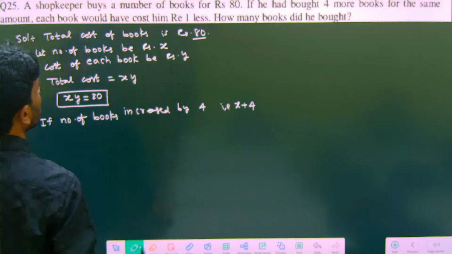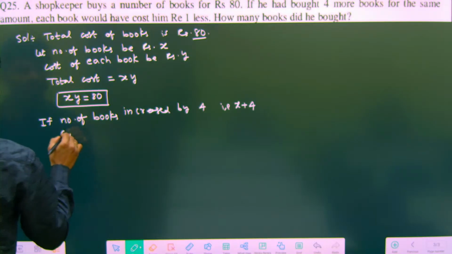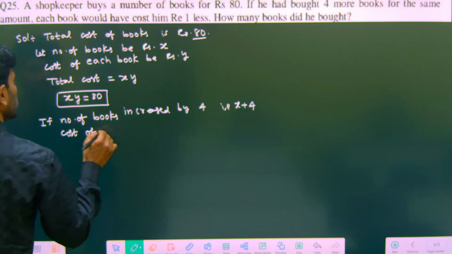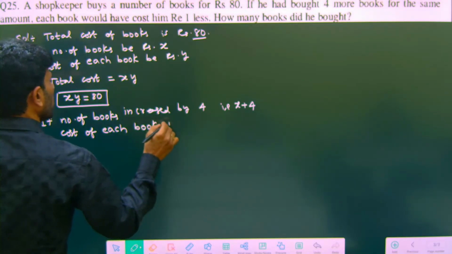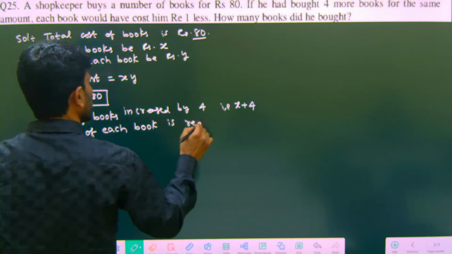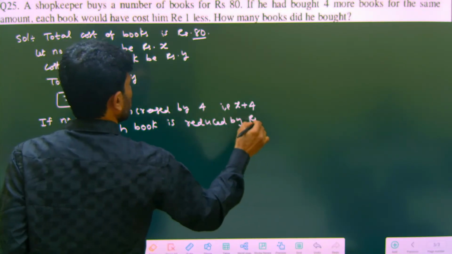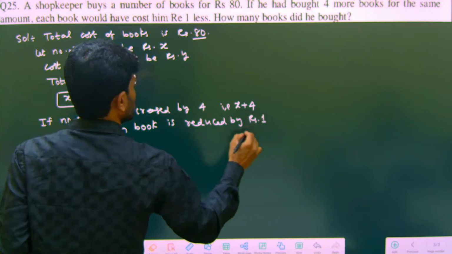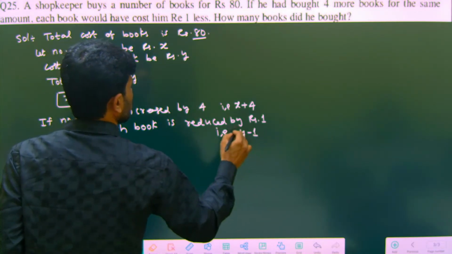Then if the number of books is increased, the cost of each book is reduced by 1 rupee. So the cost of each book will be y minus 1.